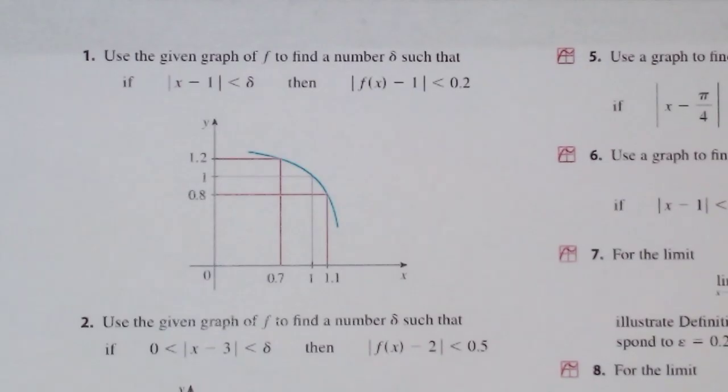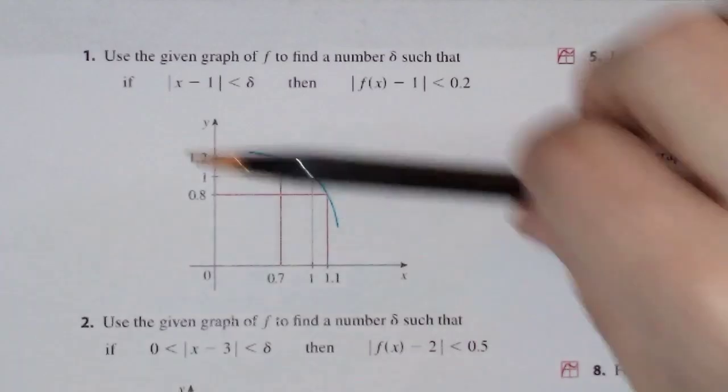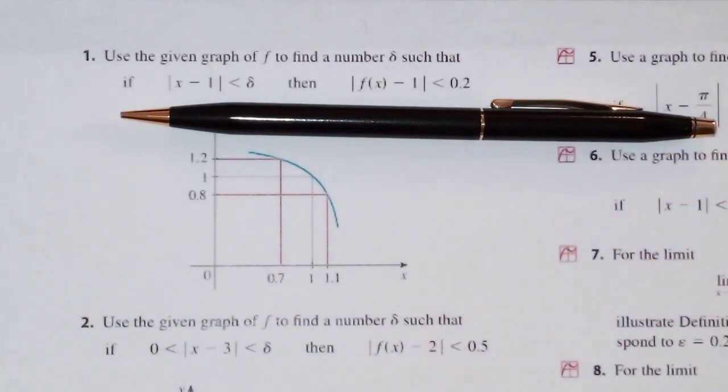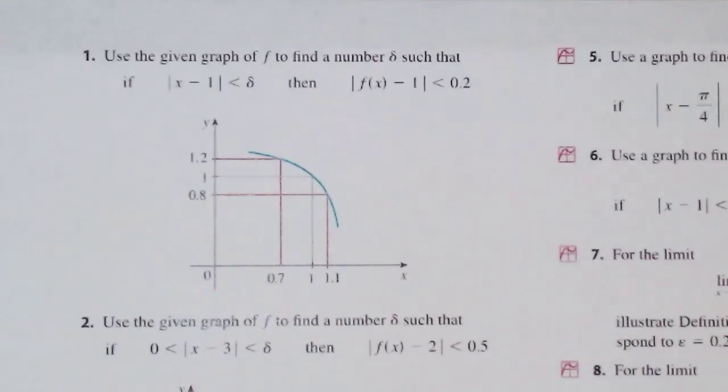So, do we know what L is based on that picture? Or based on the expressions written above the picture? I think these might tell us easier. Which of the numbers up there is L?